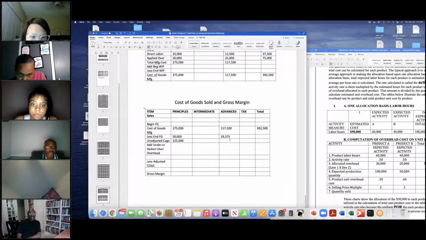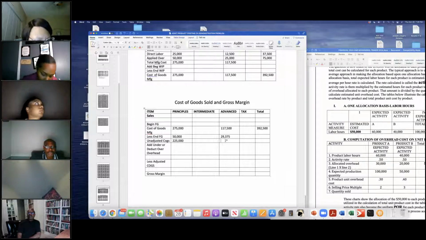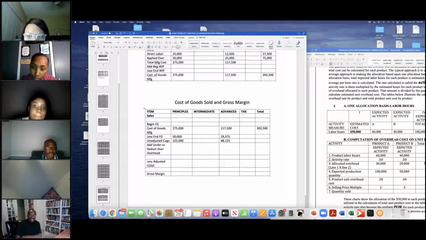And what's our unadjusted for the advanced book? You subtract this from this, what do we get? What's 117,500 minus 29,375? $88,125. And for principals, finished goods is 55,000.